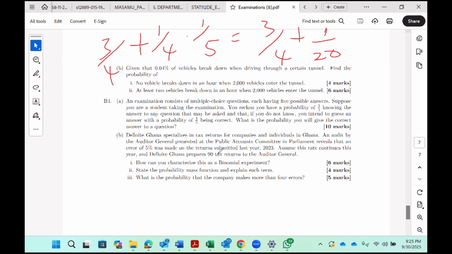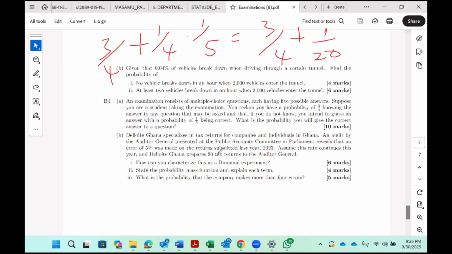So you know that of the tax returns given, 5% will be an error and the remaining 95% will not be an error. So you have two possible outcomes. When you pick any of them, the chance that it was submitted with an error is 5%, while 95% will not be. So that is the P.